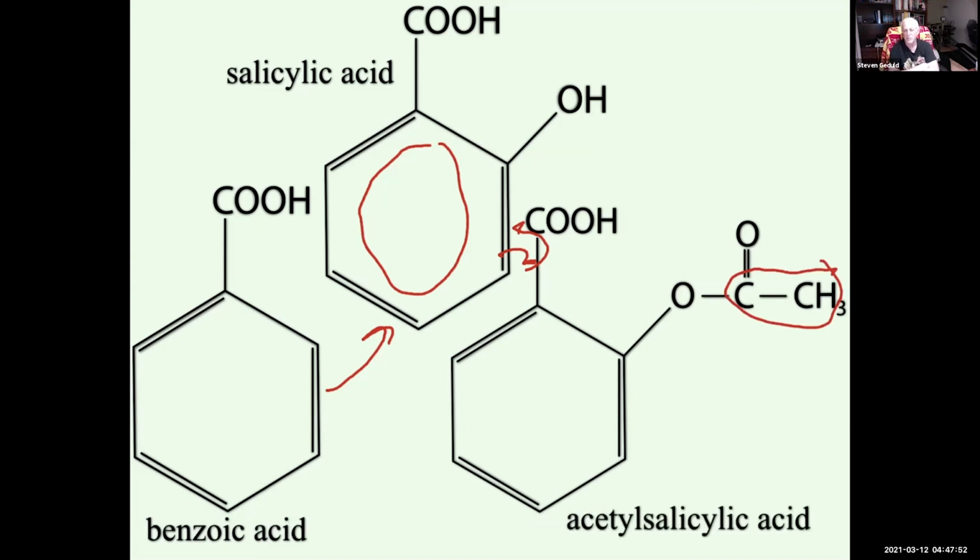And that's how aspirin is formed. Start with benzoic acid, put an OH group on it, and then substitute an acetyl group for the hydrogen. And now you have aspirin. Acetylsalicylic acid.